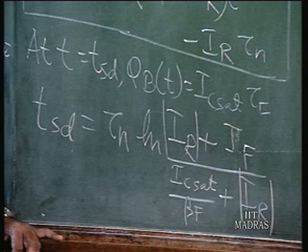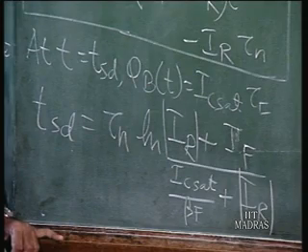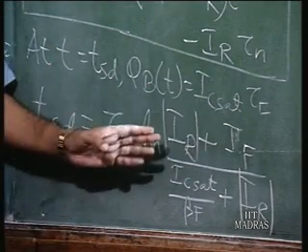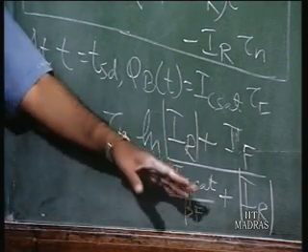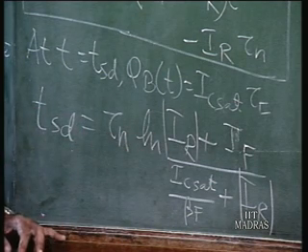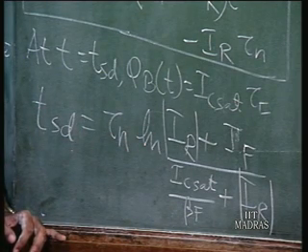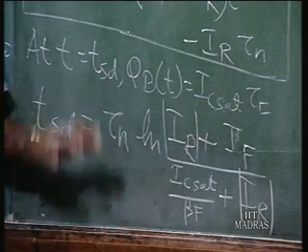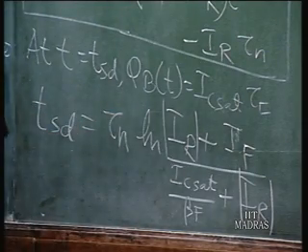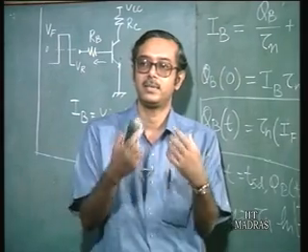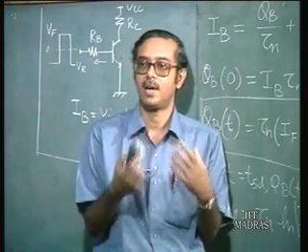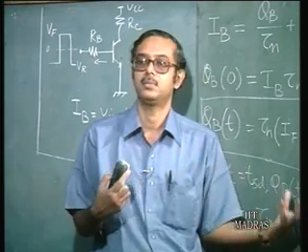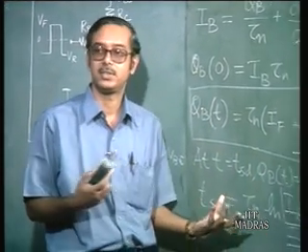Now, obviously, if IR becomes very large, that is you can neglect IF with respect to IR and also IC sat by beta f with respect to IR, what is TSD equal to? It is equal to 0 because ln 1 is 0. Obviously, if IR is very large, you are removing the charges faster, and so in the extreme case the storage delay time is 0.